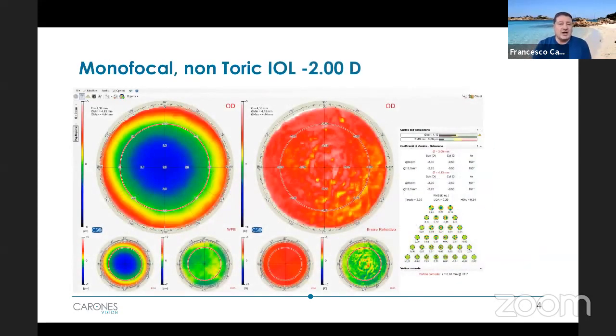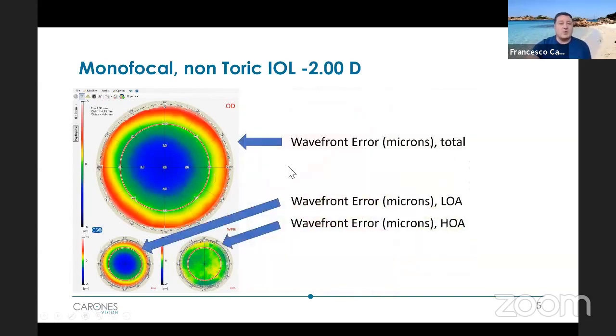I'm presenting you to start with an Aberrometry of a monofocal non-toric IOL set at -2 as the final target. To better explain how these Aberrometry readings should be interpreted, here is the part regarding the wavefront error in terms of microns, and here is the total wavefront error.